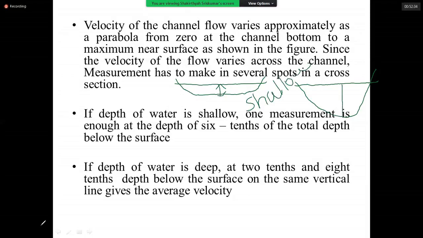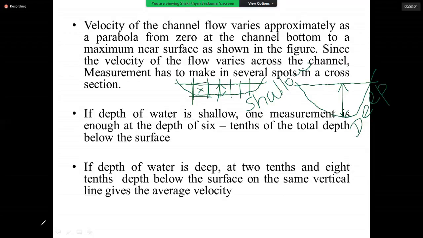Here the depth is very deep, so we can call it a deep stream. So if the water is shallow, one measurement is enough. If we divide this shallow stream into many portions, particularly for this portion, one measurement is enough.